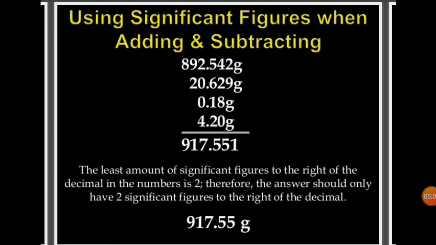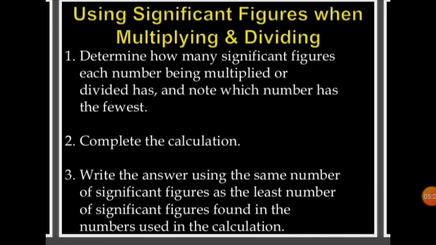In the question, among all the numbers given, the least number of digits after the decimal which you are considering as significant is 2. So when you report the answer, you will report only 2 digits after the decimal. So the answer is 917.55 gram.